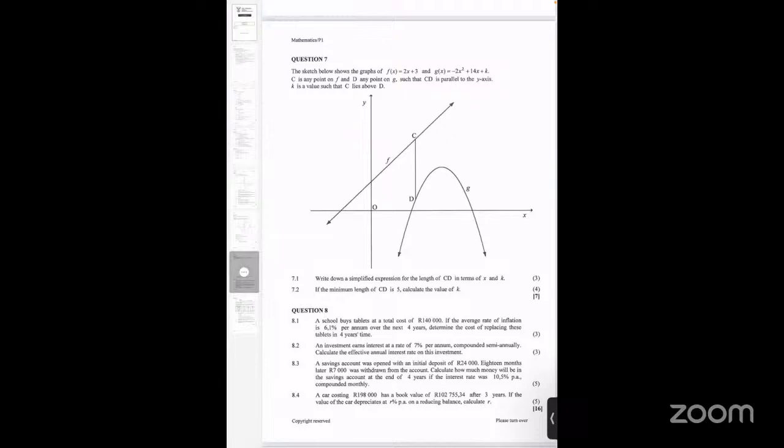That's why I had to say the graph above minus the graph below, or top graph minus the bottom graph. It will then give you the length. Assuming that y at C is 8 and y at D is 2, you were going to say 8 minus 2, which therefore gives the length of CD.